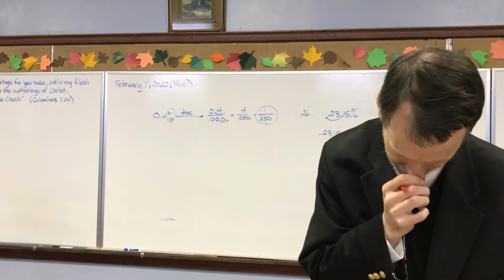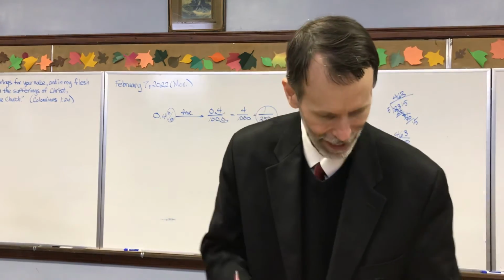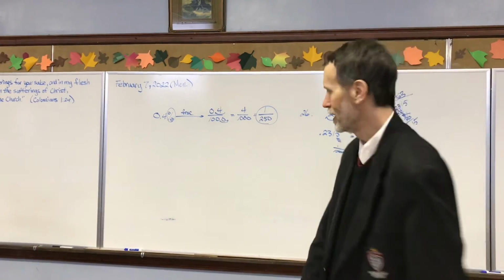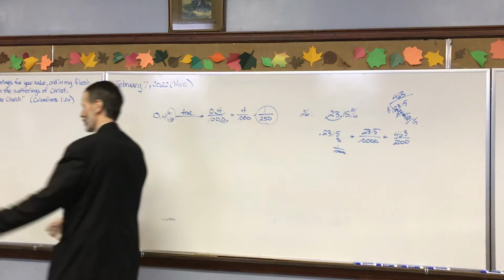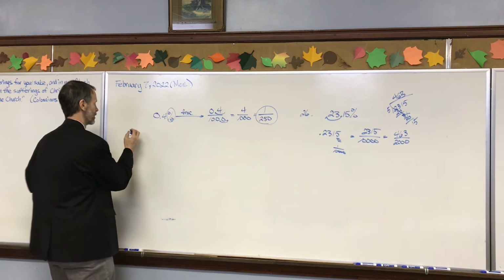We're on page 676. The only thing they have that we have not done is drawing numbers on a number line. Let me just give you a quick example of that.